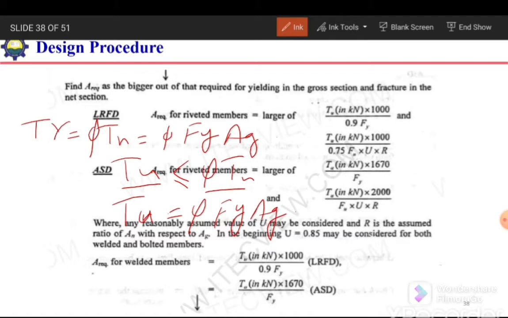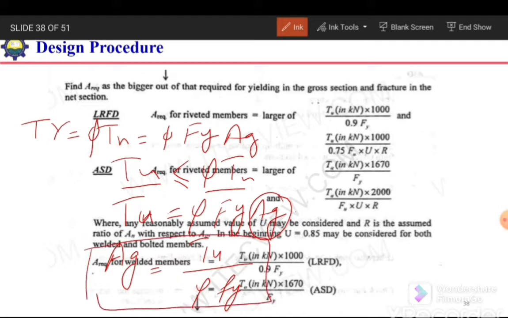If we rearrange this equation for Ag, we will get Ag equal to Tu over phi Fy. By using this equation, we can estimate the gross area which is required for the member to resist the applied load. Here Tu is the factored load, which we already know. Fy is the yield strength of the steel. If it is A36 steel, then it will be 250.